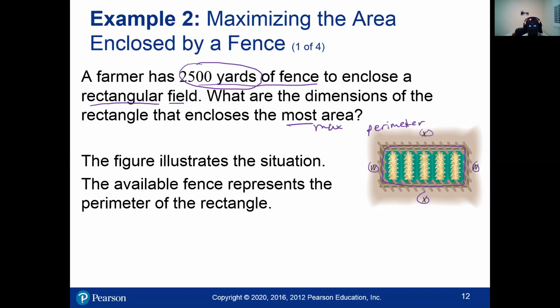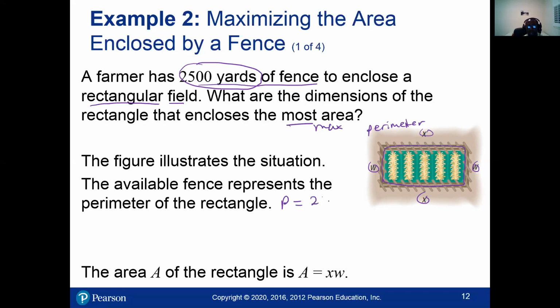Okay, so usually we use P for the perimeter. So P is equal to 2,500. Now for this rectangle, the perimeter is the distance around it: x plus x, that is 2x, and then w plus w, that is 2w, must equal the 2,500 yards.